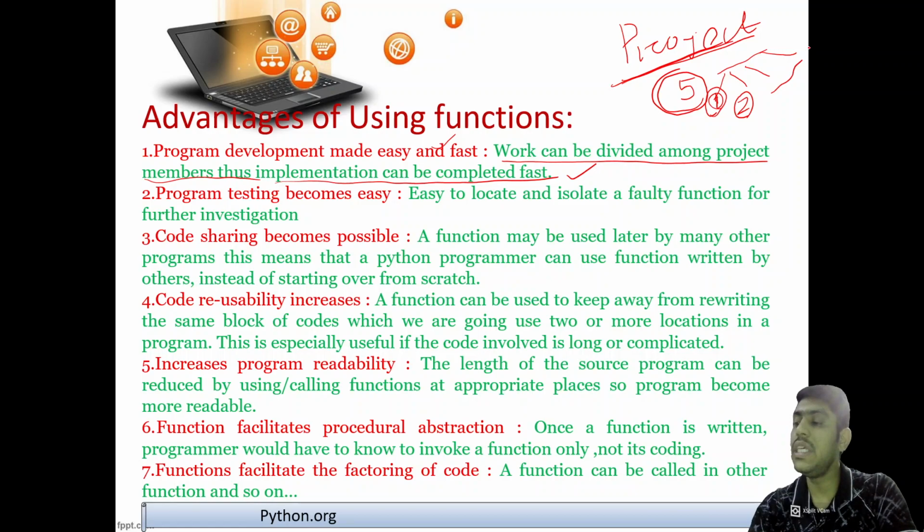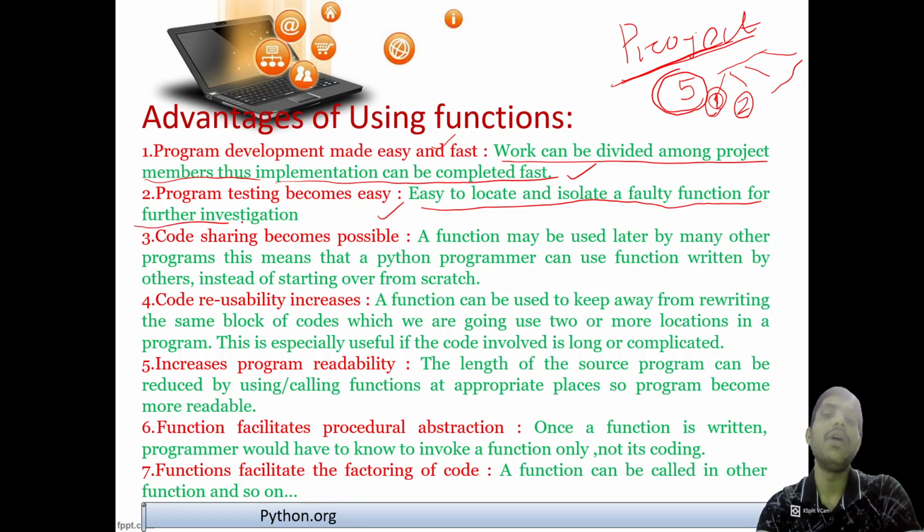So now you can see it will be easy for them to work on one function, and finally they will merge all the functions and make a complete project. Then program testing becomes easy because it is easy to locate and isolate the faulty function for further investigation. Okay, so whenever we test the program, it will be easy for you.